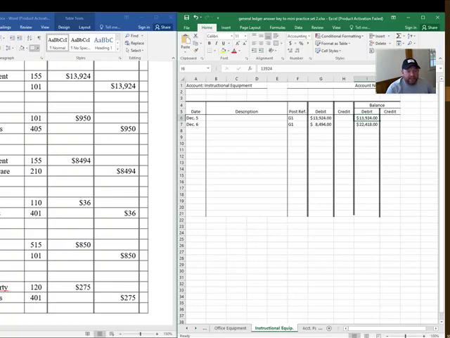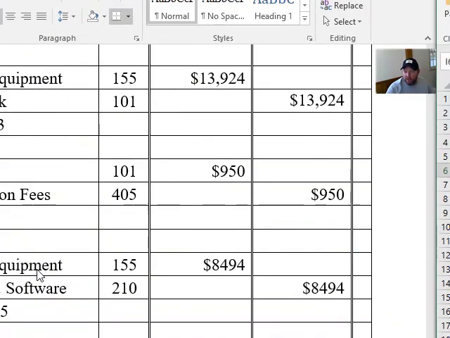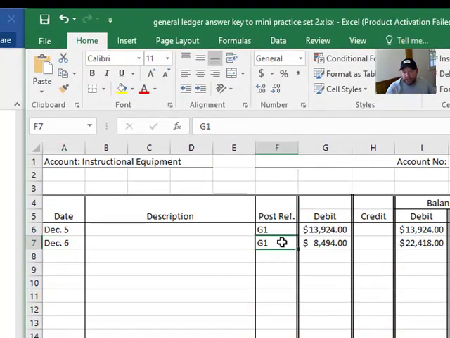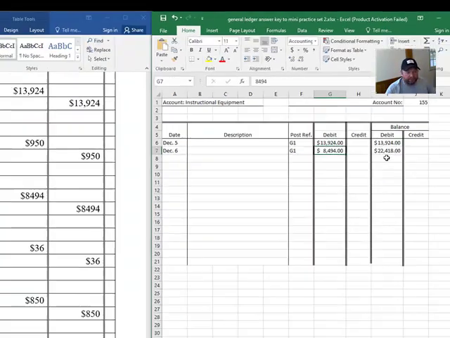And then on the 6th, instructional equipment of $8,494 purchased from the educational software company through an invoice. We owe them money. So on the 6th, general journal page 1, an additional $8,494 in instructional equipment, adding to the previous $13,924 gives us a new balance of instructional equipment of $22,418. Again, on the debit side, because it's an asset, and its normal balance side increases on the debit side.